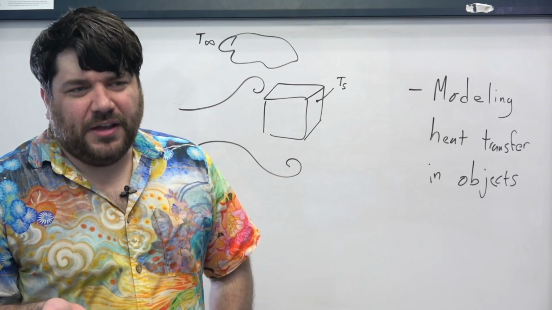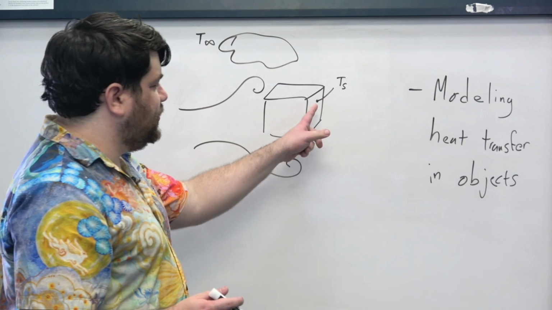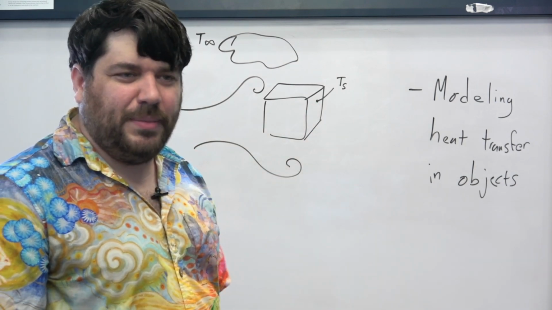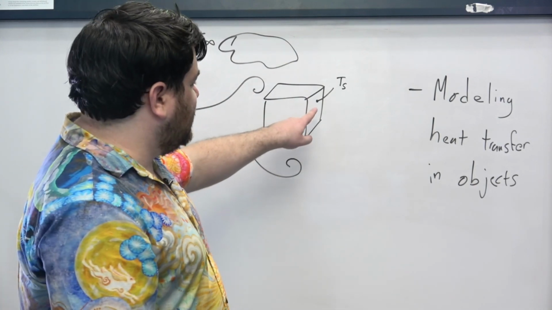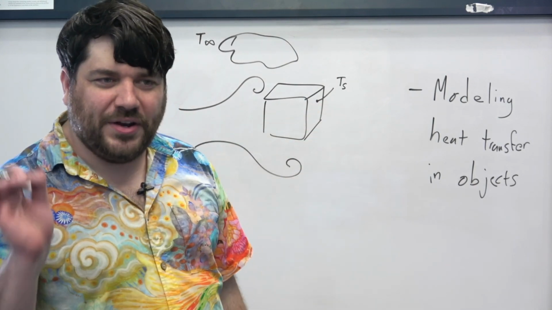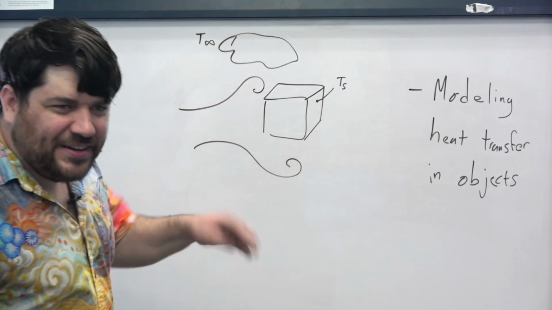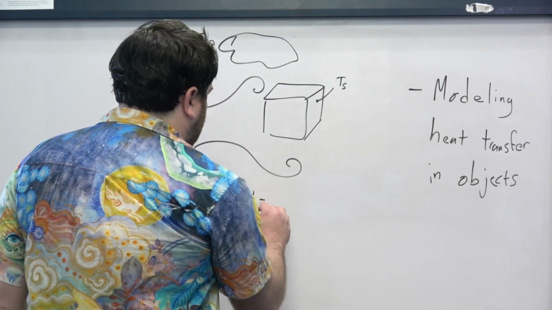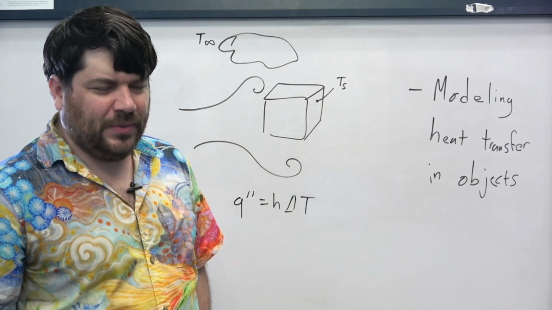We might ask ourselves, well, given this setup, what is the heat flux that's occurring between this little section of the boundary between the cube and the environment? What is the heat flux that's occurring at that point on the boundary? Well, the magnitude of it is pretty simple. You can just quantify it as Q double prime is equal to H delta T, like we talked about before.